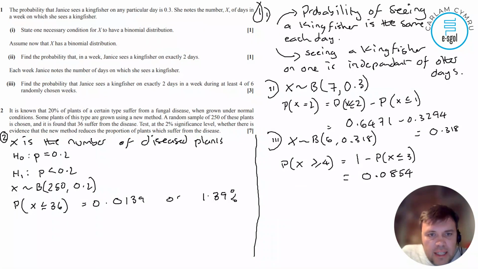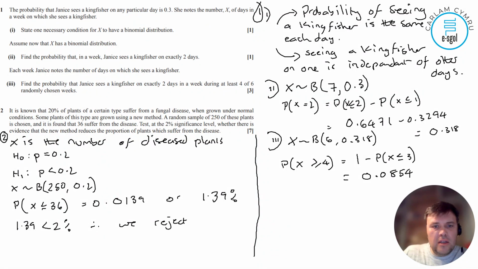So we're testing at the 2% significance level. So I'm saying that 1.39% is less than 2%. Therefore, we reject the null hypothesis H0.